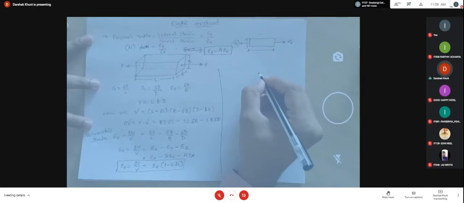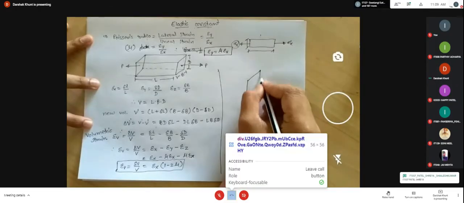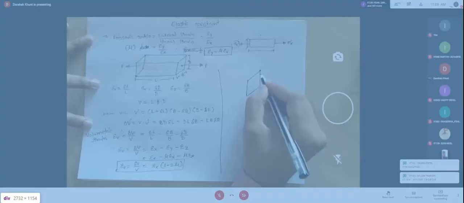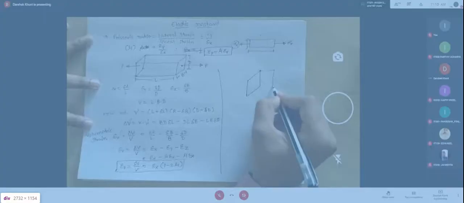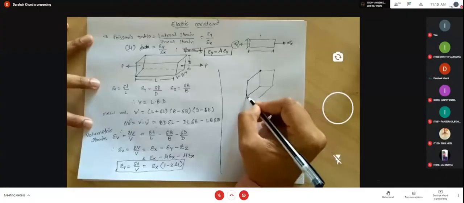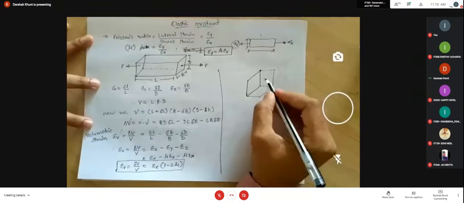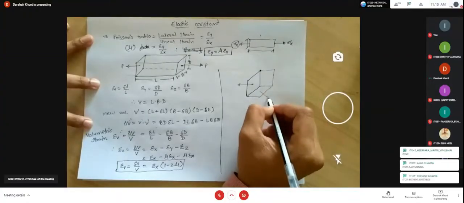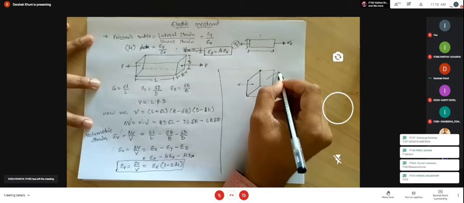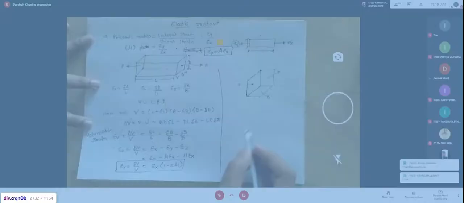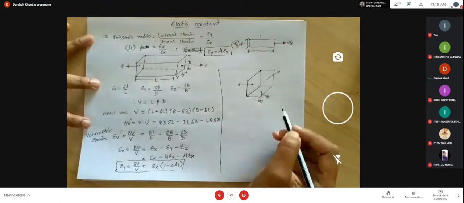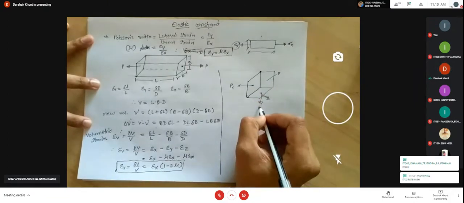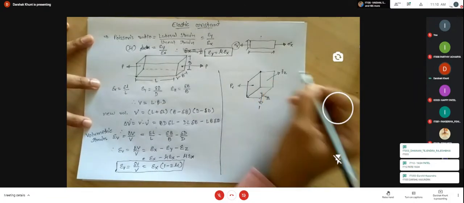So if we consider any element like this, the force in x direction, force in y direction, and force in z direction.